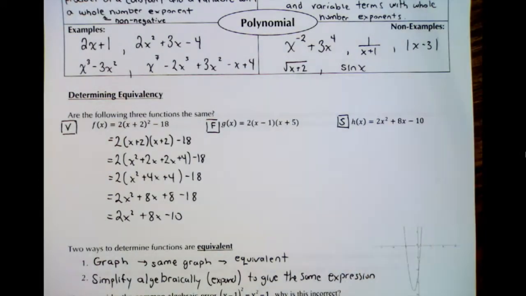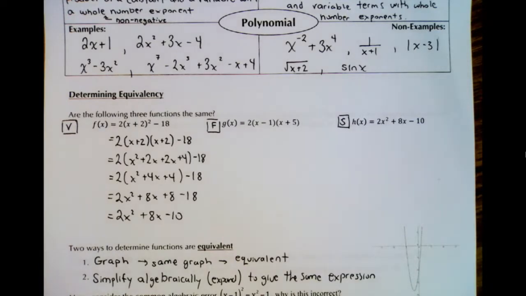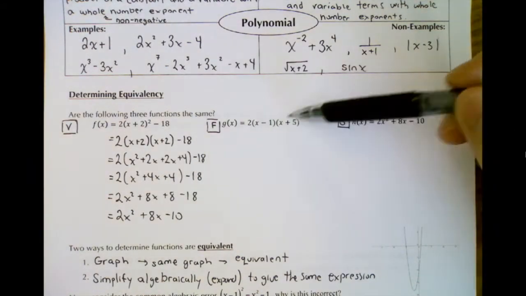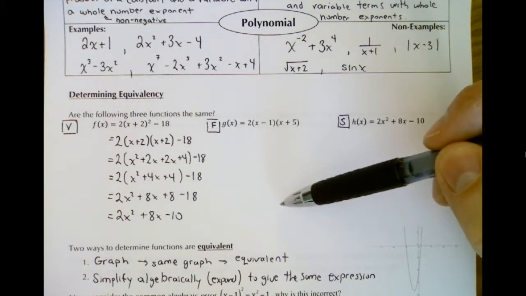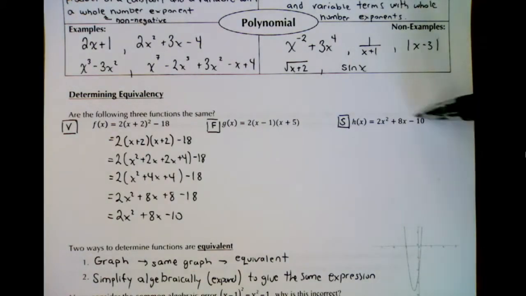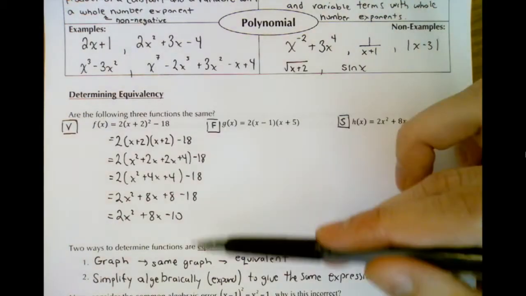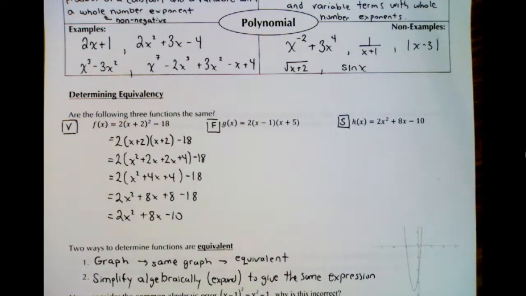If you end up with the same expression after simplifying, you have equivalent expressions or equivalent functions. We could have chosen to turn them all into vertex form. It would have just been more work because we would have had to expand the factored form first and then complete the square. It's more work, so expanding is actually a quicker method to make them all look the same.